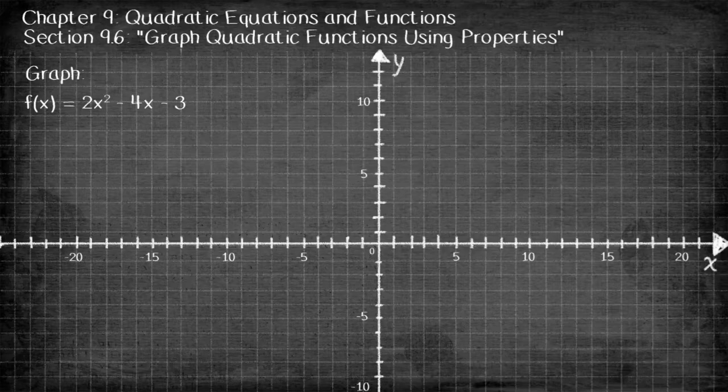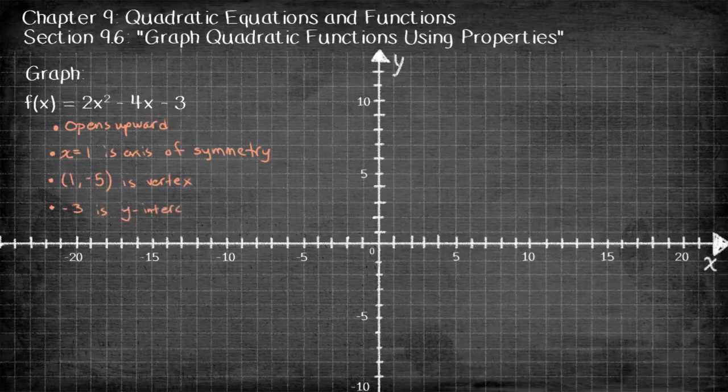Alright, so let's throw all this together and graph. Let's put all of that information into our picture. x equals 1 is the axis of symmetry, which means I want to draw a vertical line at x equals 1. Now I know that (1, -5) is my vertex. -3 is the y-intercept.